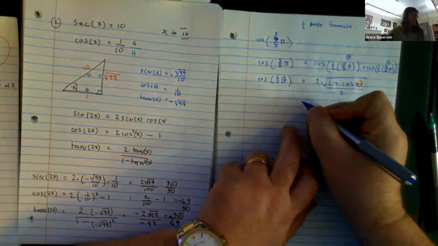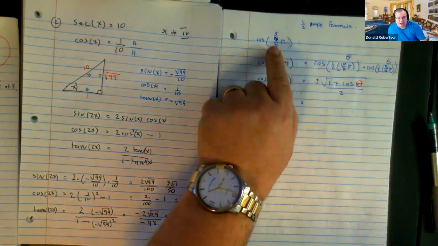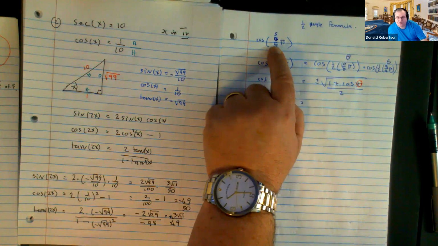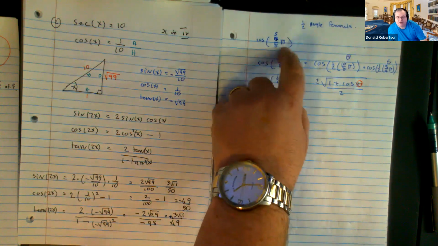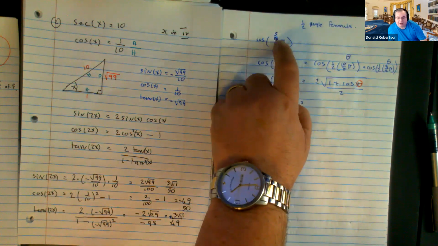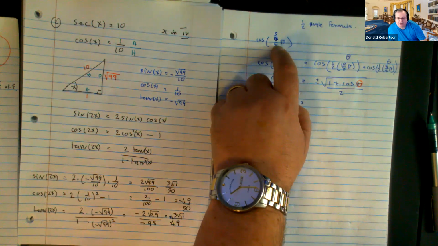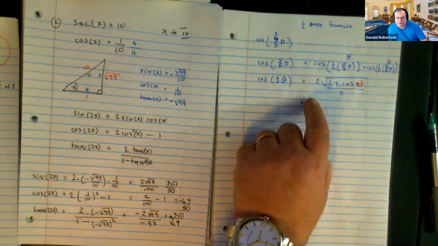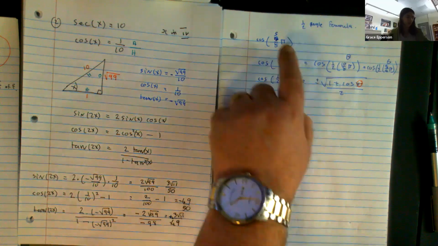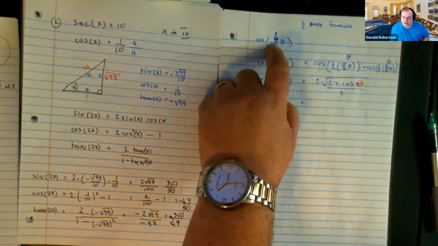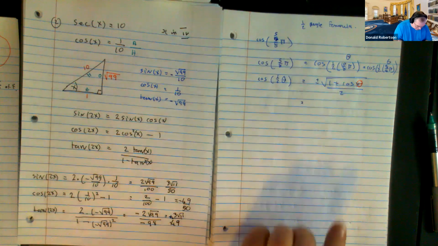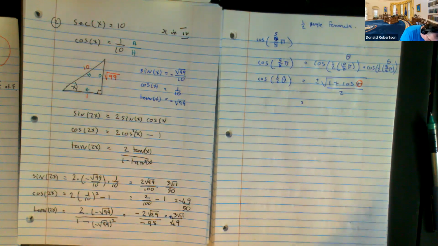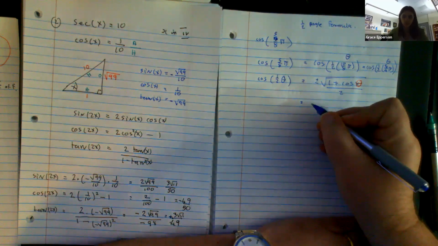Now, looking at the original question, the cosine of 5/8 pi, is that in the first, second, third, or fourth quadrant? Because that's going to decide whether I use the plus or minus. I think it's in the second. Yeah, you're right, it's the second. And what's the cosine in the second? Negative. So that's why it's the negative.